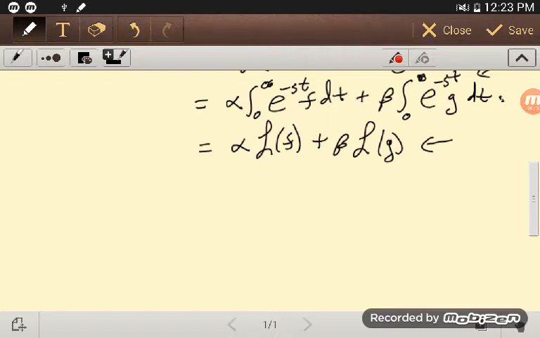Then let's see. The next one they point out in the text is what we call the unit step function. I think we'll come back to that in another part.